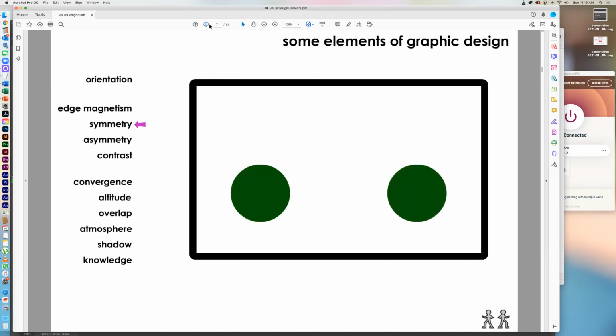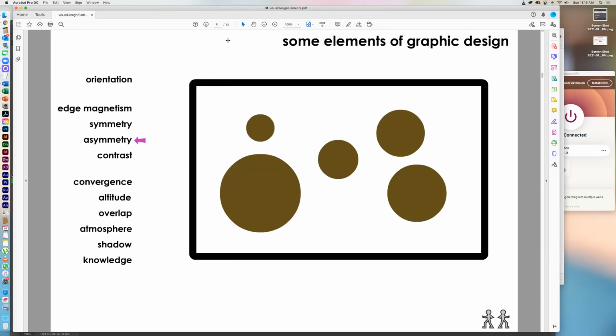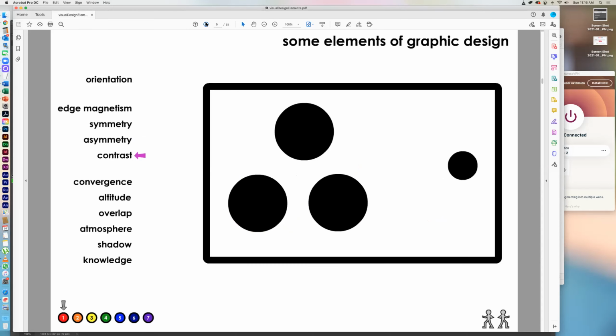Okay, so symmetrical balance, asymmetrical balance. I've heard people say, well, if it's asymmetry, it's not balanced. Well, in visual design, in graphic design, it can be balanced asymmetrically because the objects are not exactly the same. So another way we create balance or we create interest is through contrast.